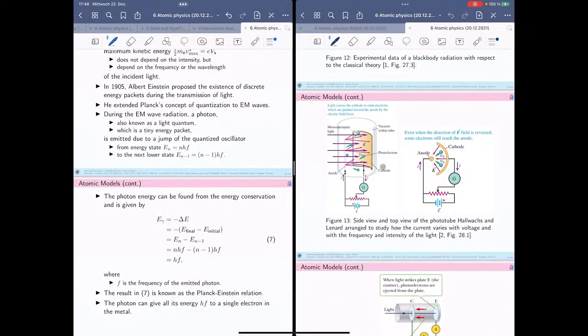You have already seen the photon energy, right? Actually, photon is a kind of energy.